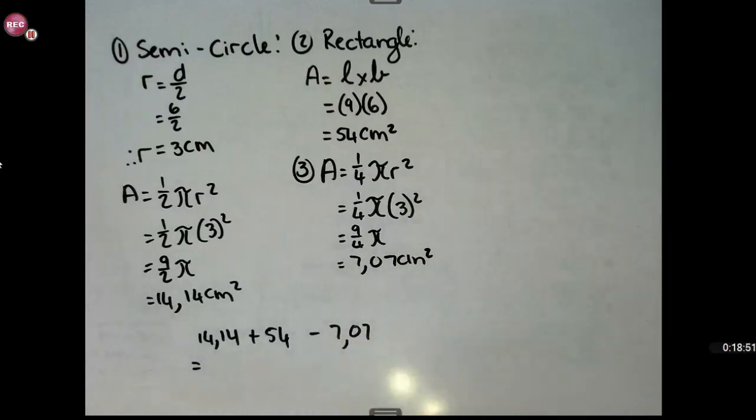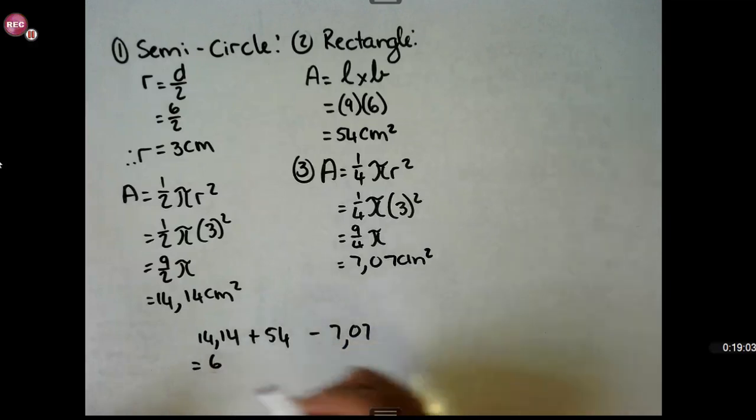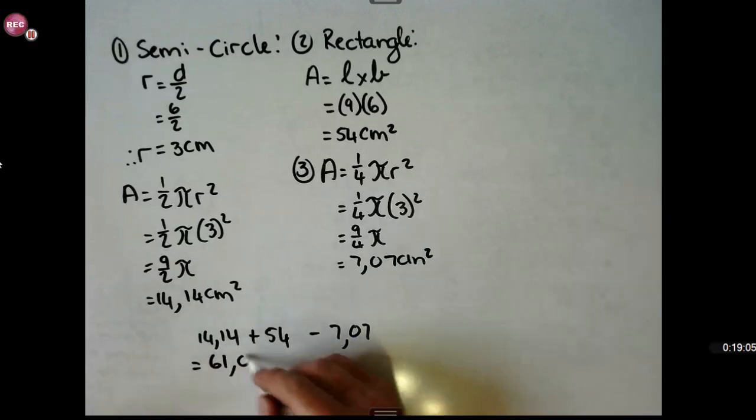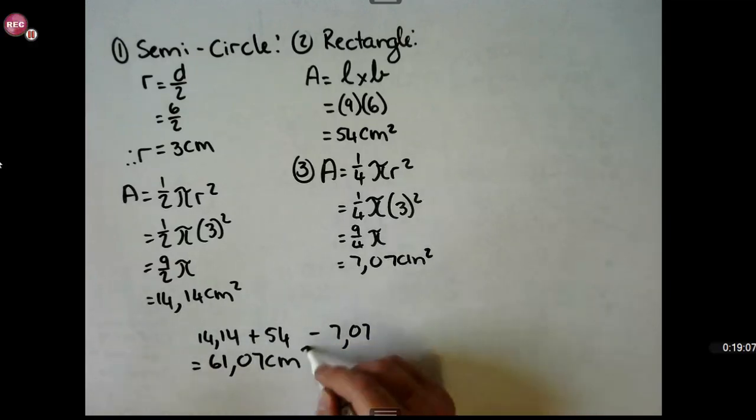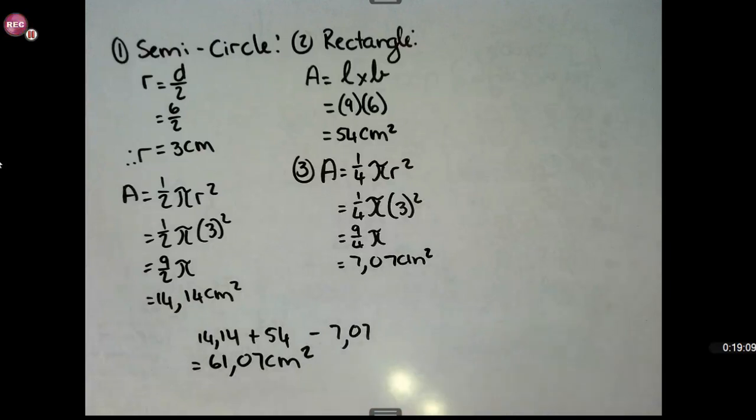So when you go and calculate all of this, you will get an answer of 61,07 centimeters squared, which is the total area of the shaded part of that shape put together. Okay?